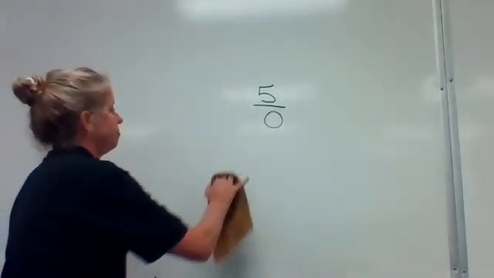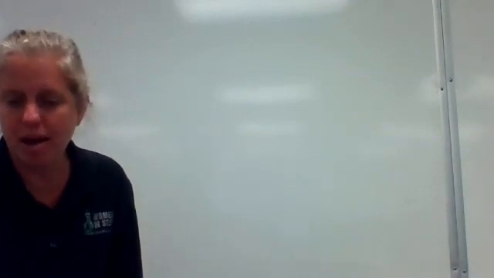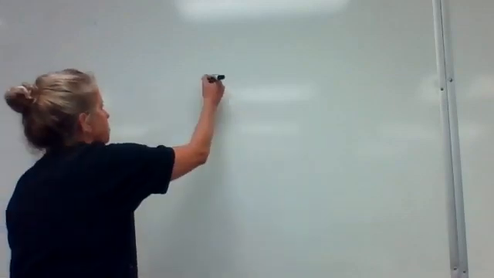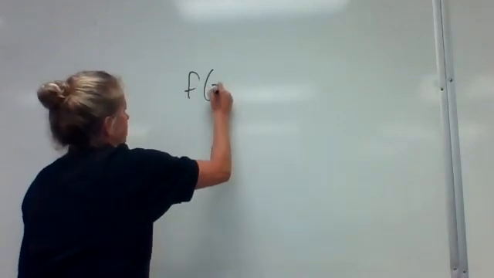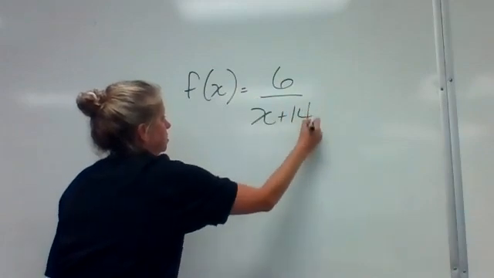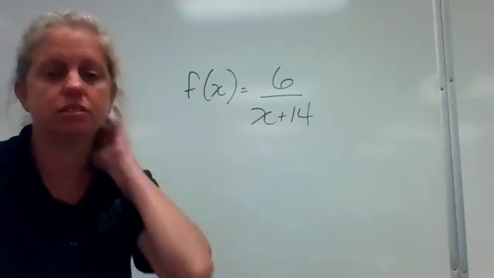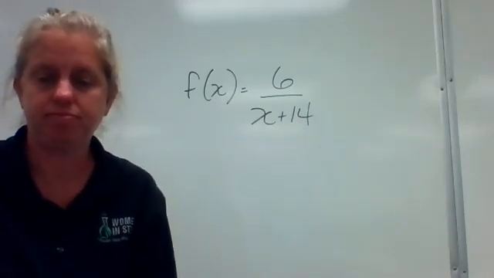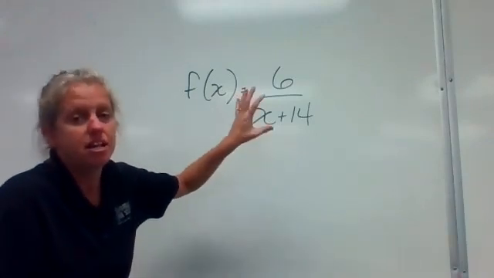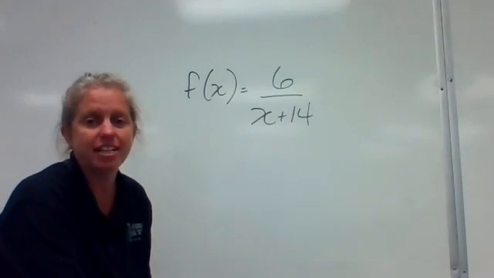It says find the domain of this function. F of x equals 6 over x plus 14. So I have a fraction and I've got an x in the denominator of this fraction, which means there's a number that, when you plug that in, is going to make that undefined.